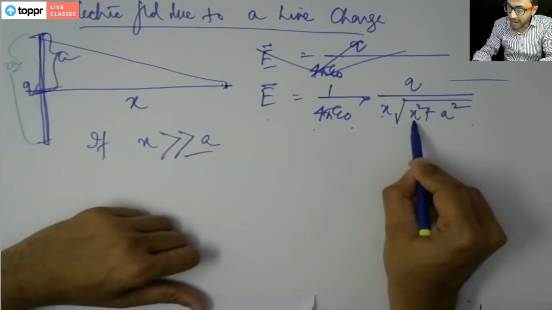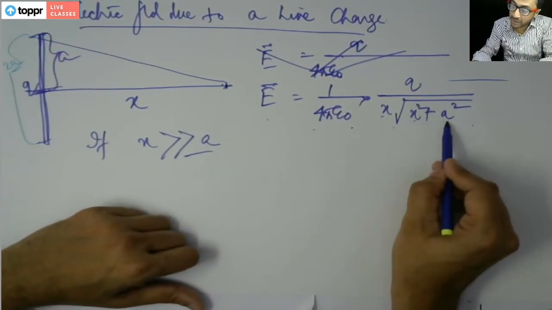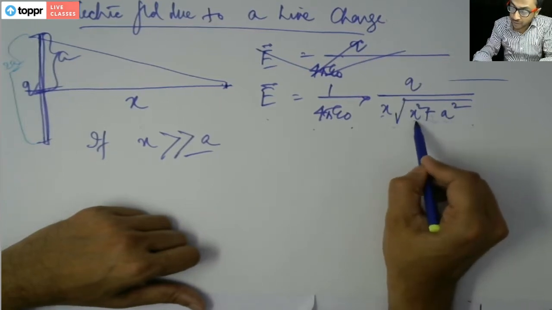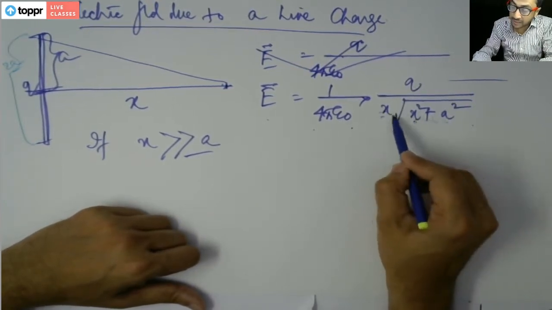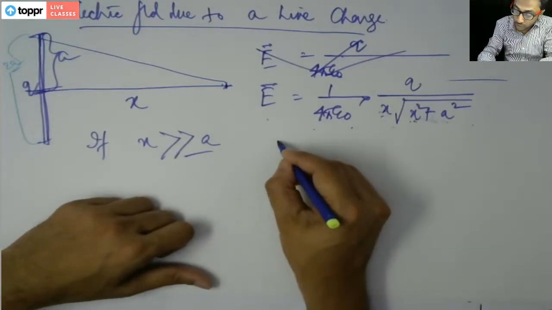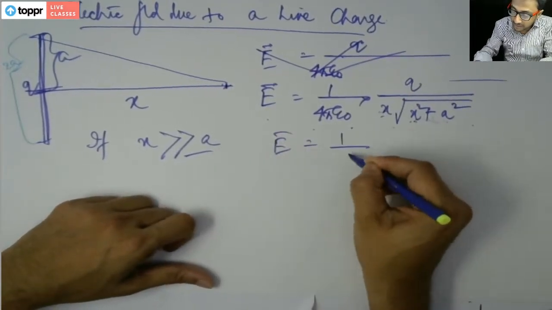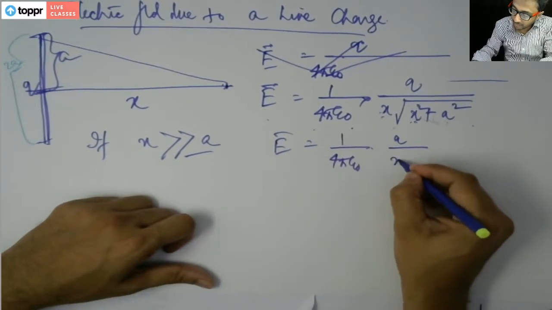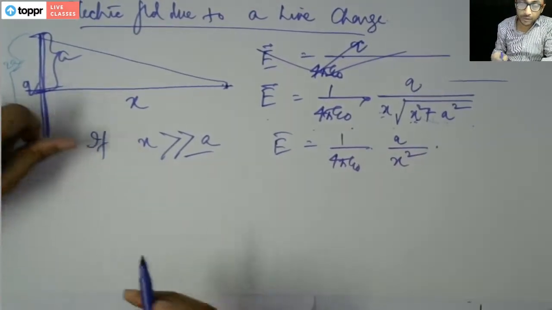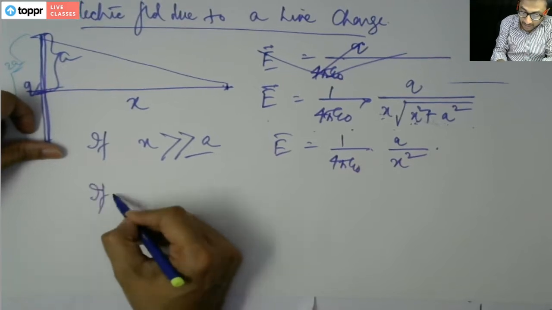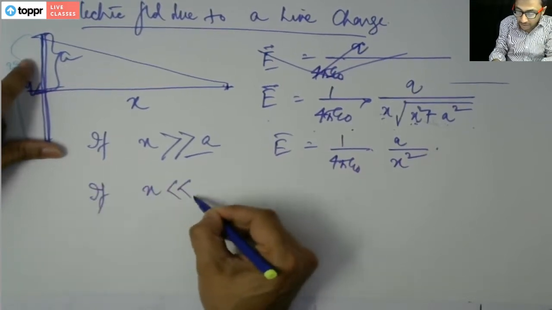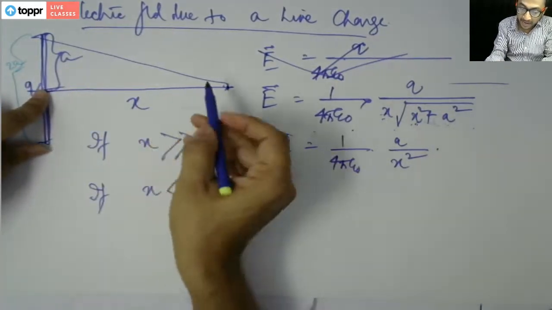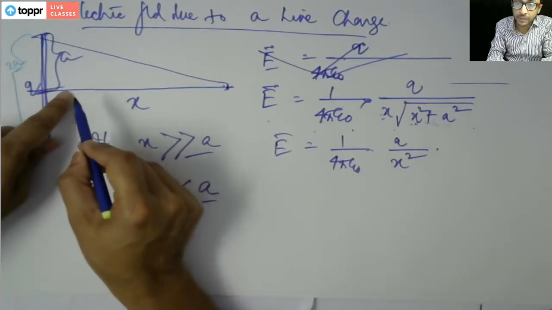If x squared is much greater than a squared, this part will vanish, so root over x squared becomes x, so x into x is x squared, so E becomes similar to a point charge, right?